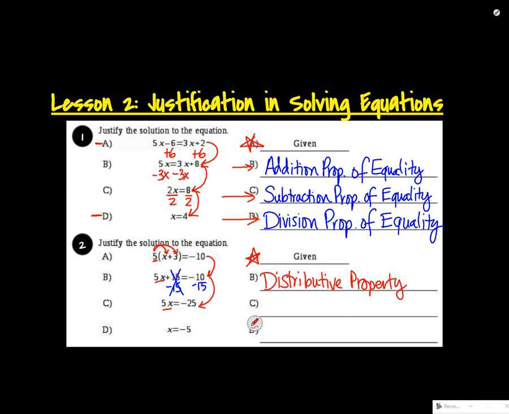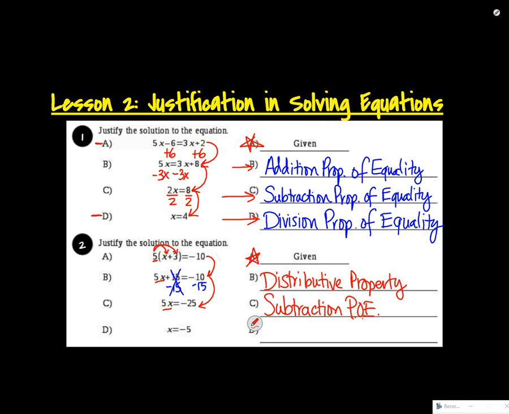Some of you are having trouble with your addition and subtraction, so watch out for that. So that works, right? We got negative 25. So this piece is right. I subtracted on both sides, so that means that this is the subtraction property of equality. Now, if you want to abbreviate, go for it. But just know POE stands for property of equality.